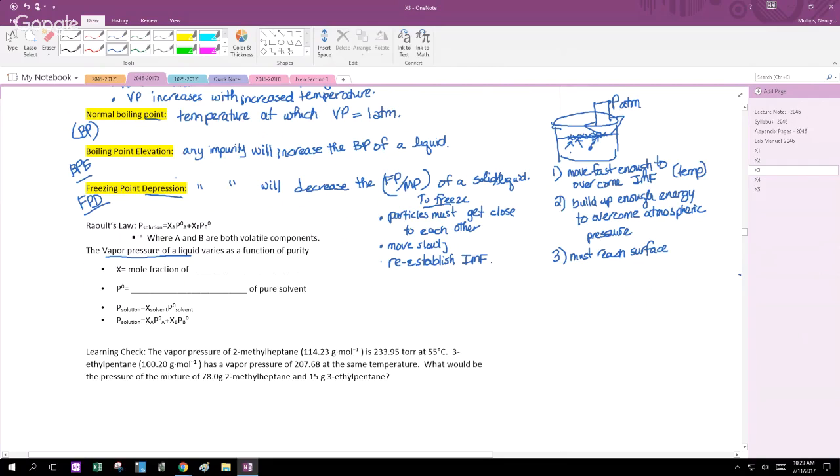When we talk about Raoult's law here, we're talking about mole fraction typically of the liquid itself, because only something volatile could actually develop a vapor pressure. So mole fraction of solvent is the part that we care about. The more of that substance we have, the more vapor pressure we could theoretically build up. P with a superscript 0 is the vapor pressure of the pure solvent.